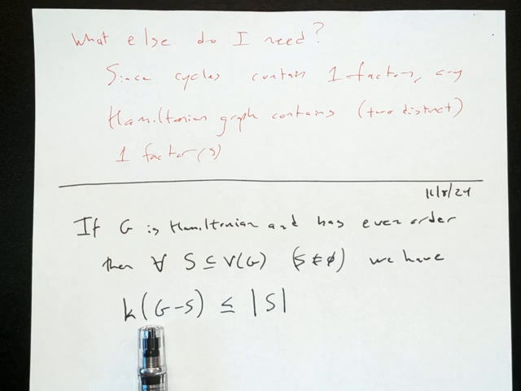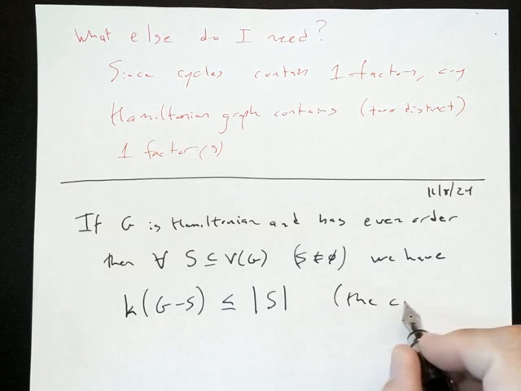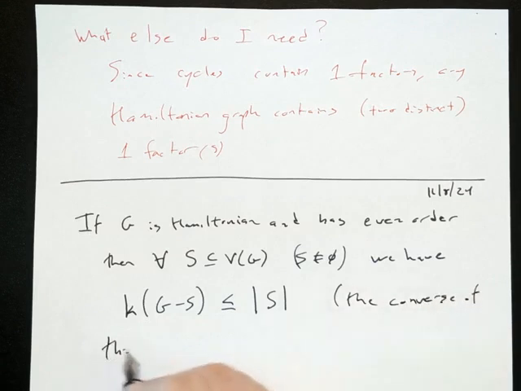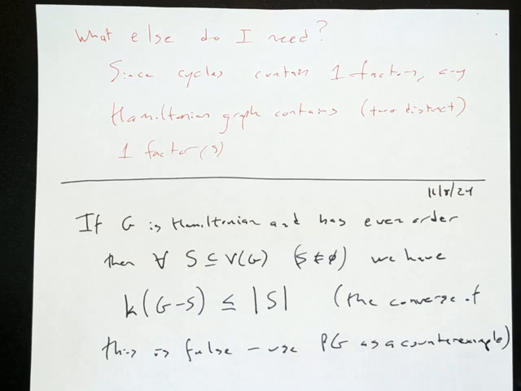We know that the converse of this is not true, using the Petersen graph as a counterexample, because we know the Petersen graph is not Hamiltonian.